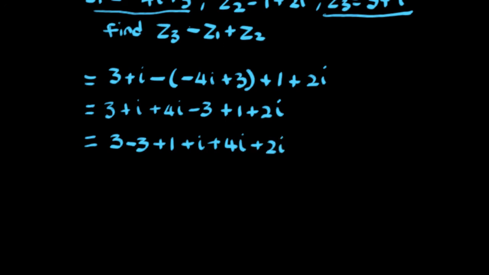So 3 minus 3 gives us 0. 0 plus 1 would give us 1. Now for the imaginary numbers, i plus 4i gives us 5i. 5i plus 2i gives us 7i. So this right here, 1 plus 7i, would be our final answer.